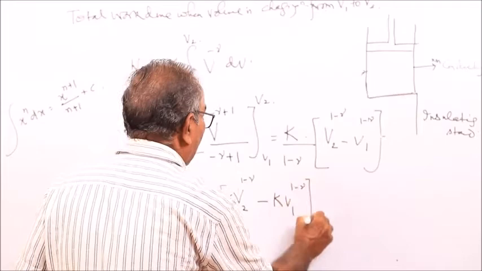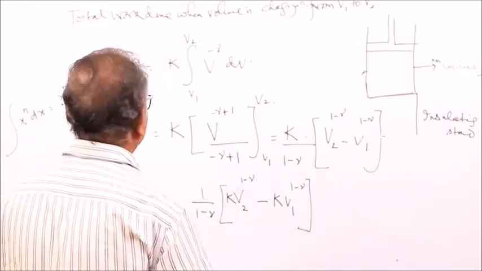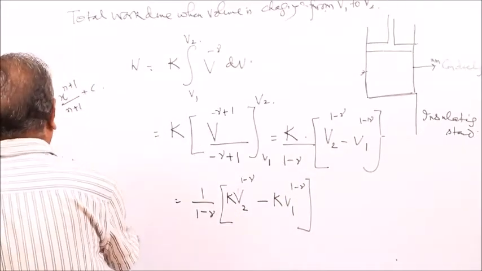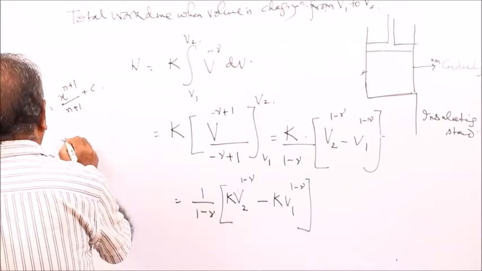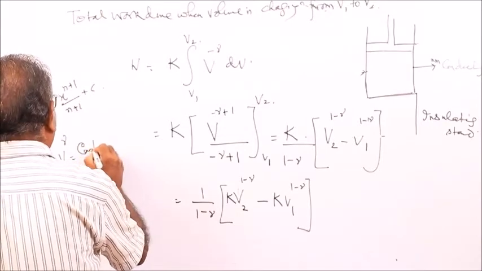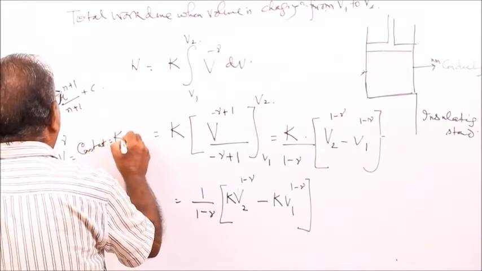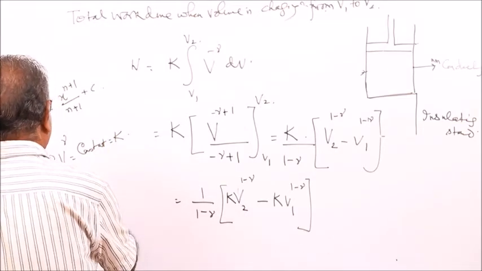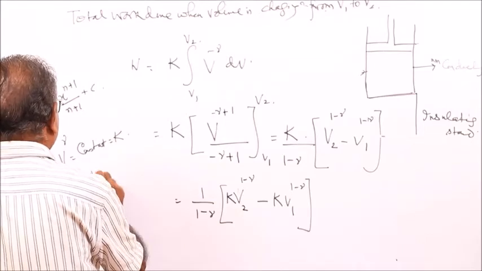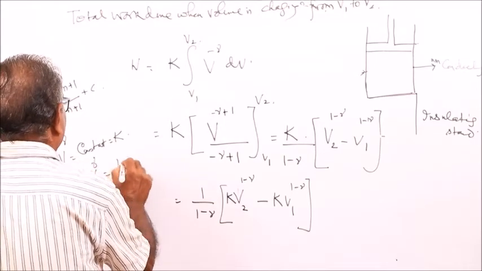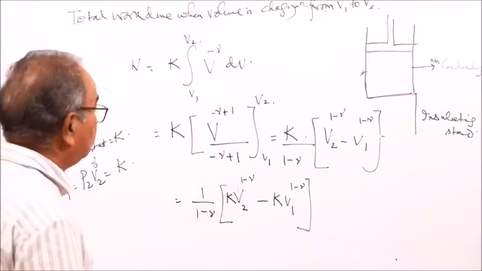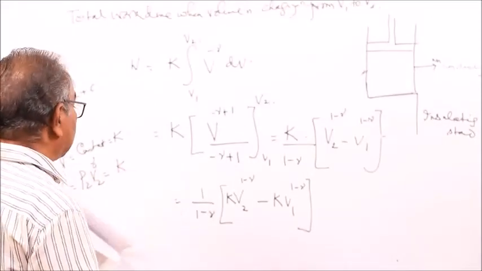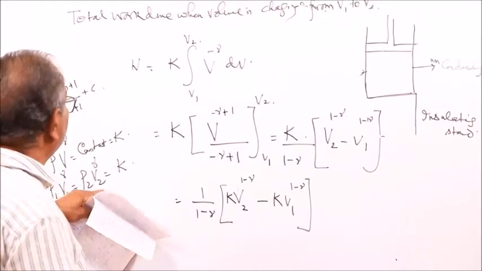We know that PV to the power gamma is constant, that is K, or when pressure is changing, P1 V1 to the power gamma is equal to P2 V2 to the power gamma, which is K. So in place of K you can write P1 V1 gamma or P2 V2 gamma.